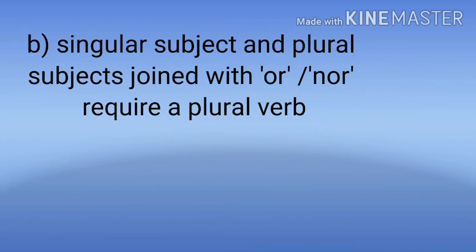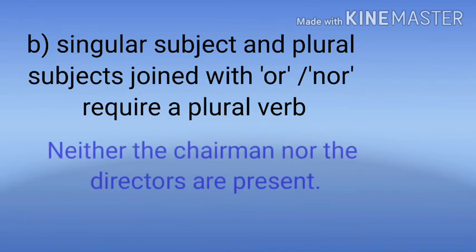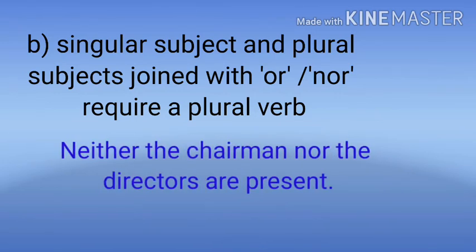Now, just look at this example. "Neither the chairman nor the directors are present." Just apply the rule over here. We have the chairman, which is a singular subject, and it is joined with another plural subject, that is the directors.